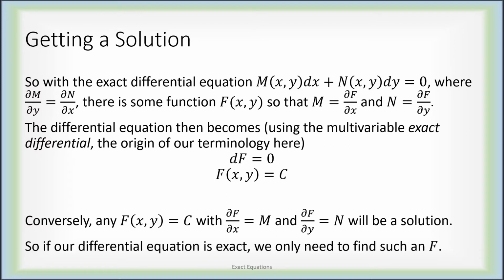So if a differential equation is exact, what we need to do is find a function F so that the x partial of F is this function here, and the y partial of F is this function here. That's under the assumption that the y partial of M equals the x partial of N.